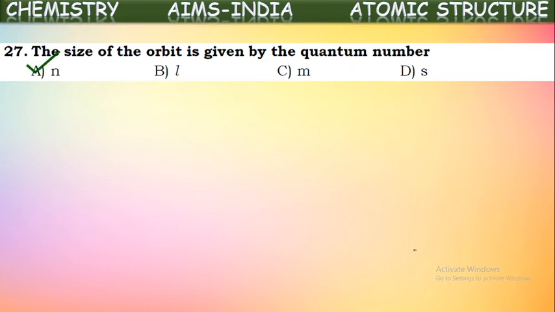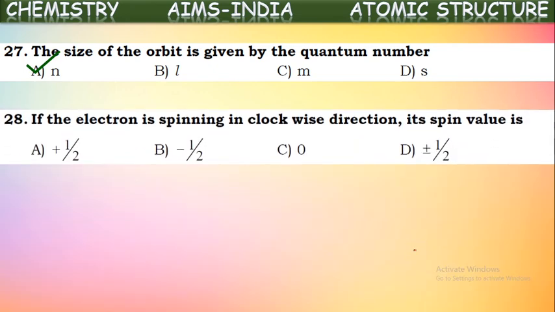The azimuthal quantum number gives the shape of the subshell in which the electron is located, and the magnetic quantum number represents the orientation of the electron. That means the axis along which the electron is revolving is given by the magnetic quantum number. And the spin quantum number gives the self rotation of the electron, either clockwise or anti-clockwise. So here size is given by n.